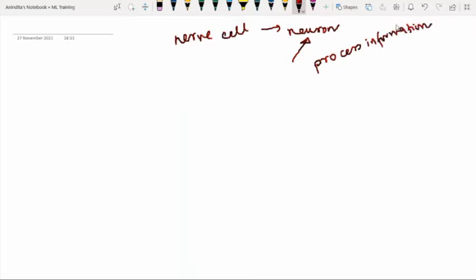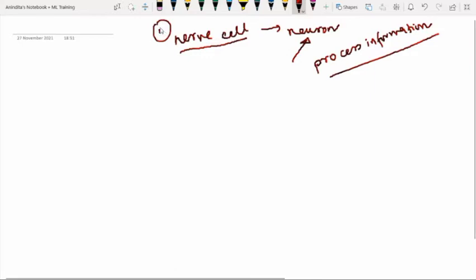So in our brain, by using nerve cells, we can process information. According to an estimation, there is a huge number of neurons, approximately 10 to the power 11, with numerous interconnections, and the number of interconnections may be 10 to the power 15. So we have a huge number of neurons, and they are connected with each other.